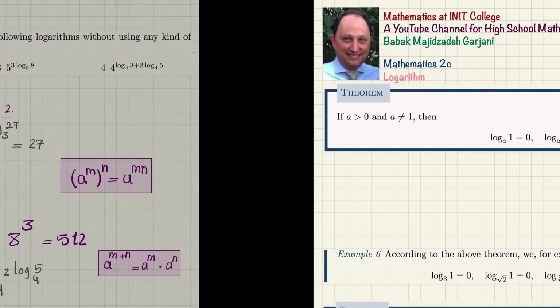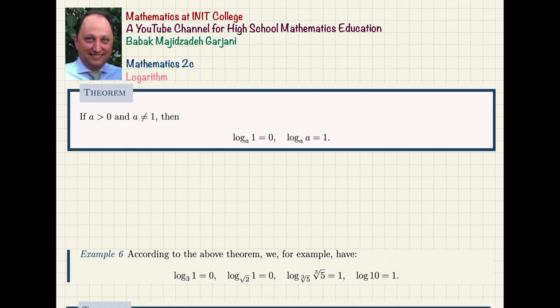Good. Now let me just mention this theorem formally, and then this would be the end of the lesson today. Okay? I told you that in the book they talk about rules, but I think the more formal word for the rule is theorem in mathematics. So if a is positive and not equal to 1, log of 1 is 0, and log of any number in its own base is equal to 1.